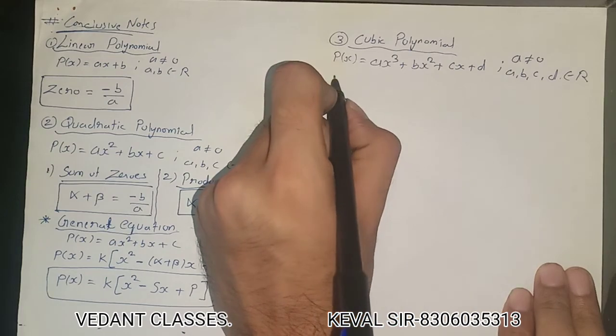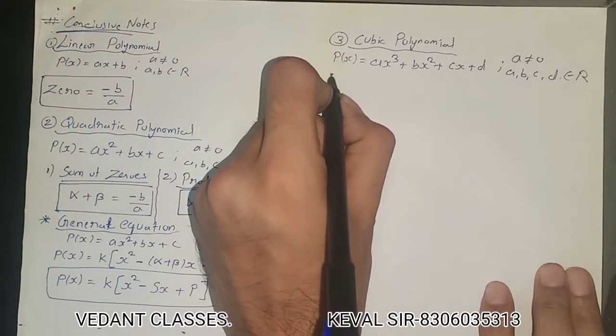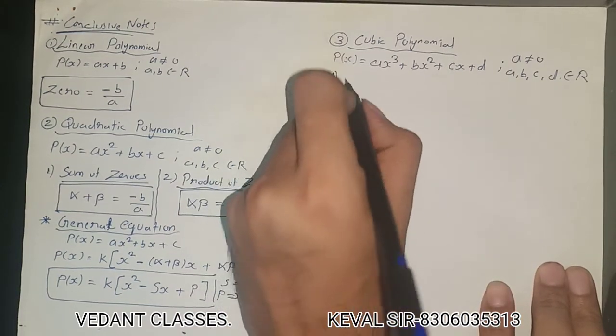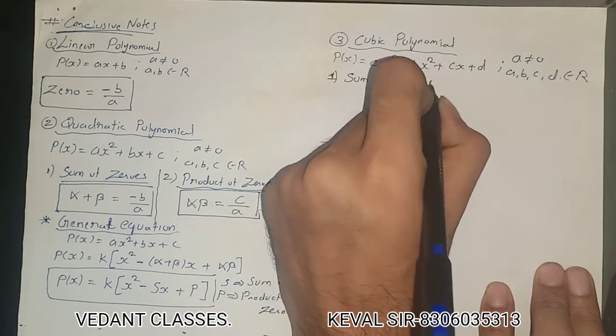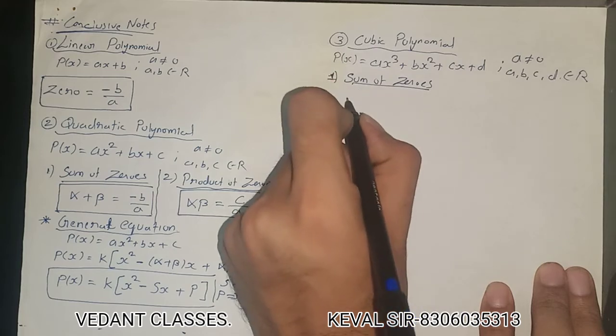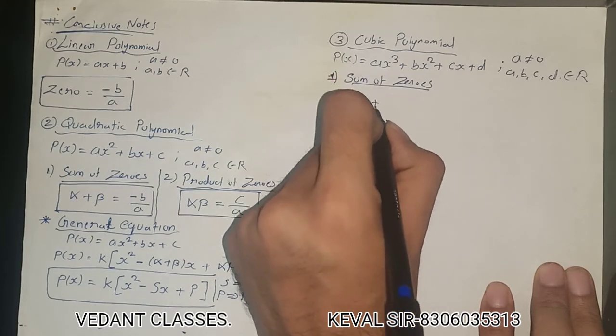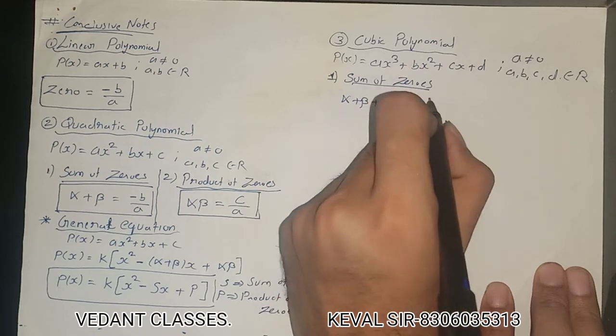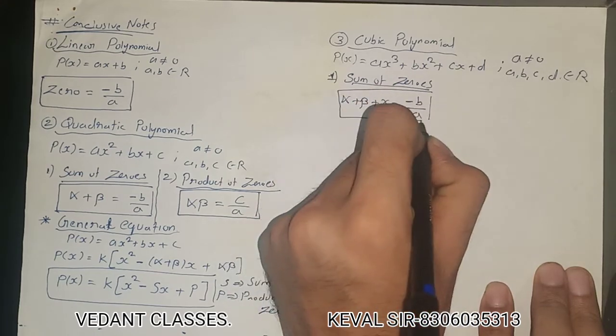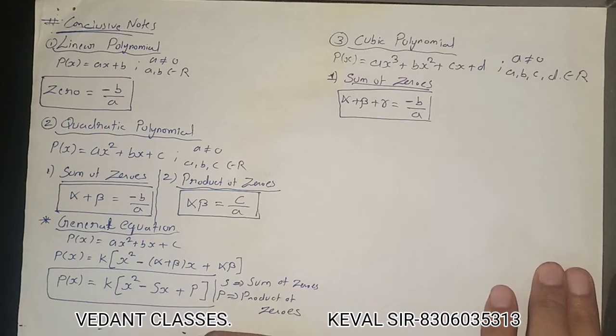Here three things we derived, so you need to remember three different things. First is the sum of zeros, alpha plus beta plus gamma, which is equal to minus b by a, in the case of a cubic polynomial.